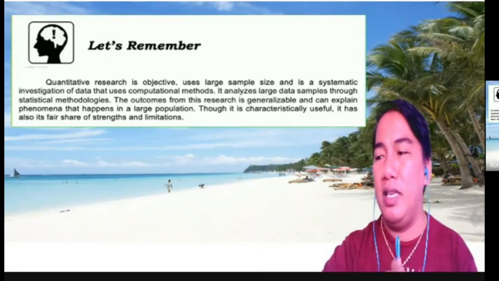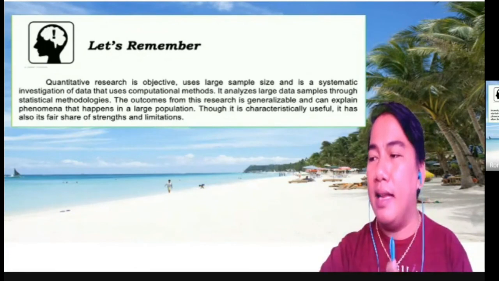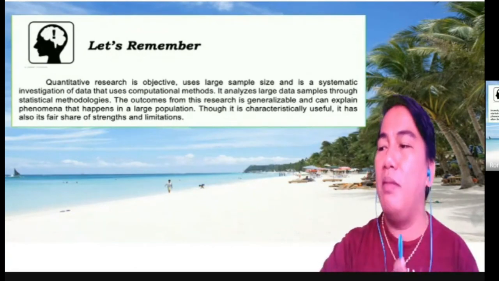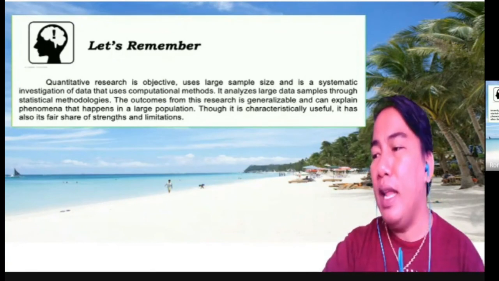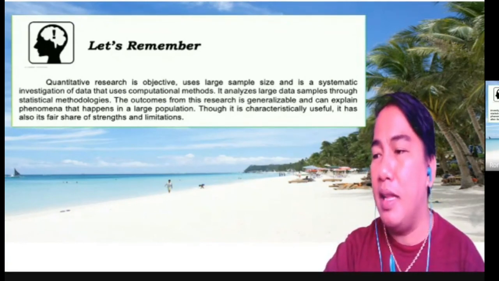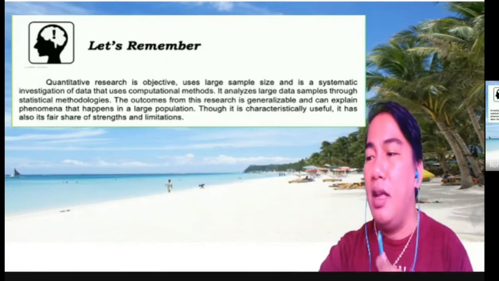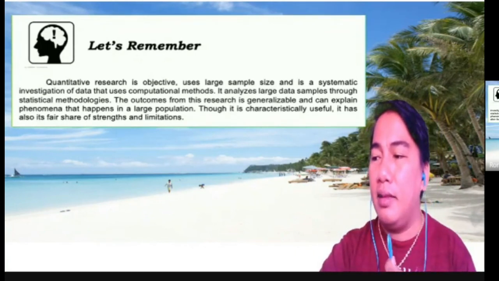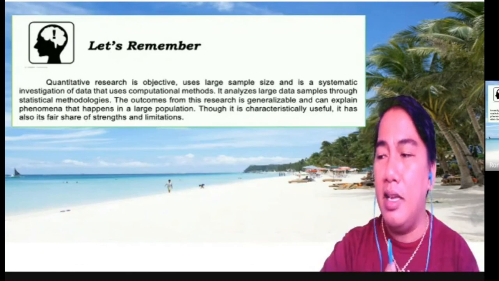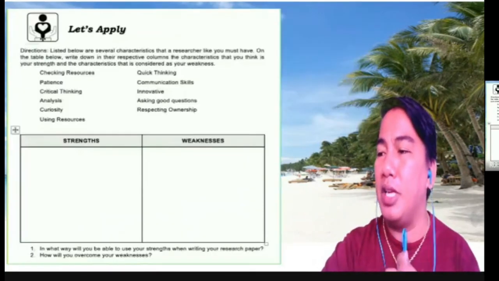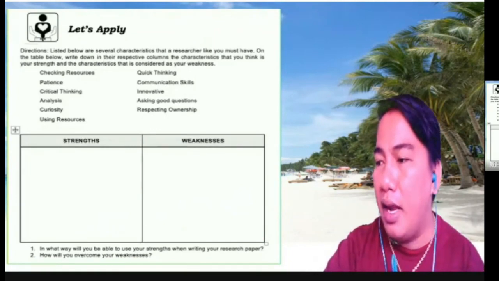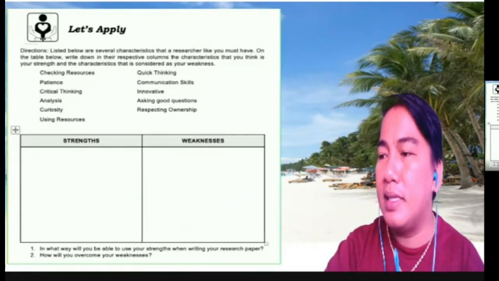When you say generalizable, the answer of the few will be the answer of the whole, and can explain phenomena that explains in a large population. Though it is characteristically useful, it has also its fair share of strengths and limitations. Okay, so you're going to answer up to let's apply.